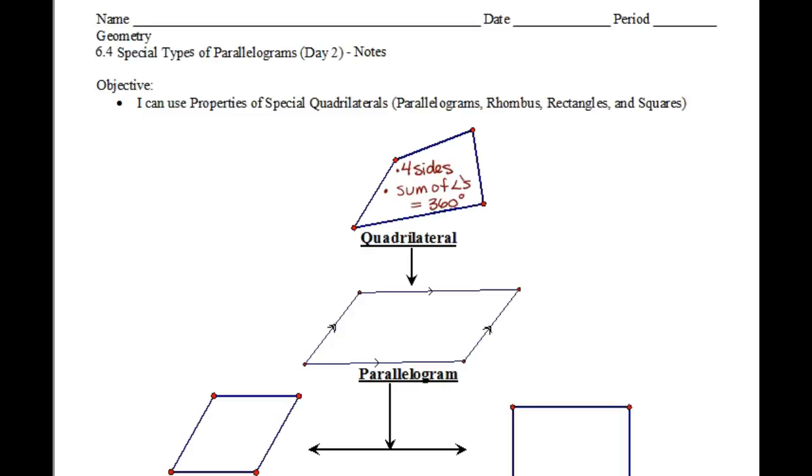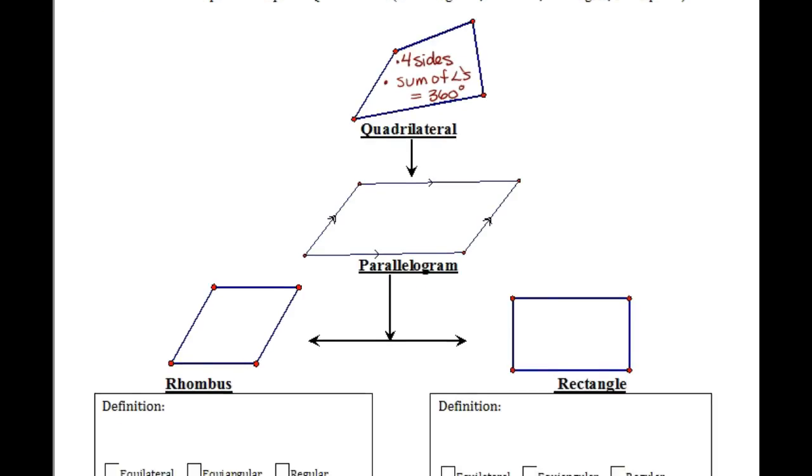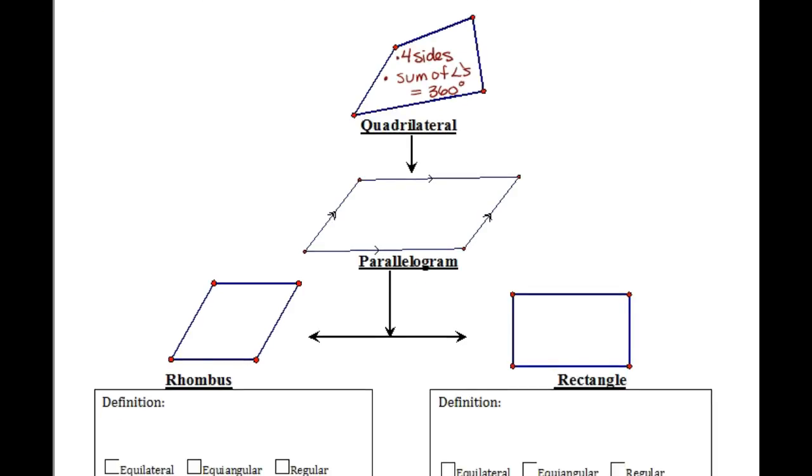The next shape that we talked about was a special kind of quadrilateral, which was parallelogram. And by definition, for the parallelogram, opposite sides are parallel. But we also know that opposite sides are congruent.